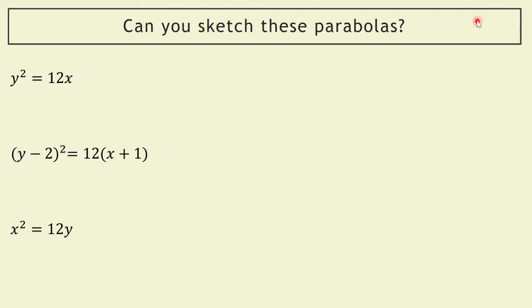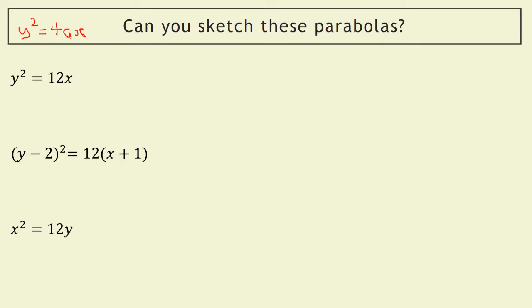All right then, let's see how we got on with these ones. If we start with y squared equals 12x, we know the standard form that we would like to see our parabola in is y squared equals 4ax. When we see that form, we know that the a in there gives us the position of the focus and also the position of the directrix.